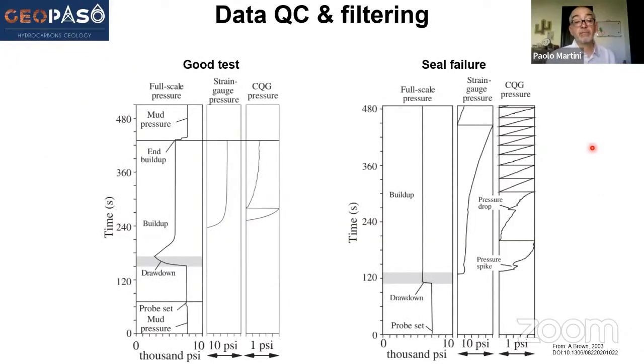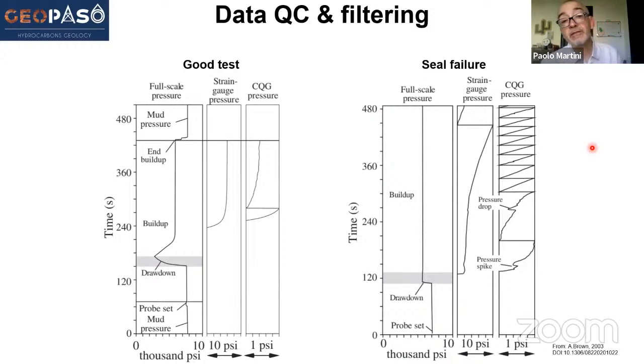This is a couple of examples. On the left is a good test. So you have setting the probe, the drawdown, the build-up. The two tracks on the right are at a bigger scale. One is the strain gauge, which is kind of less precise but also less sensitive to temperature variations.